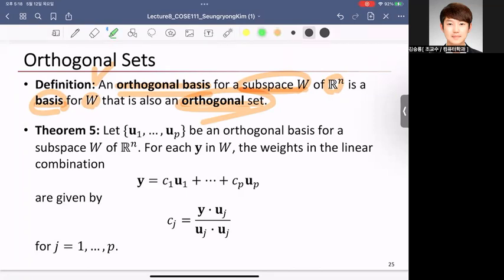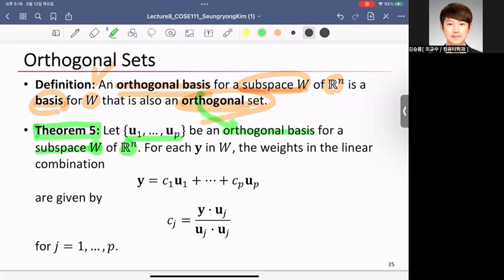Why do we have to study orthogonal basis for this theorem? Theorem 5. Let u1, u2, ..., up be an orthogonal basis for a subspace W of R^n. 그죠?